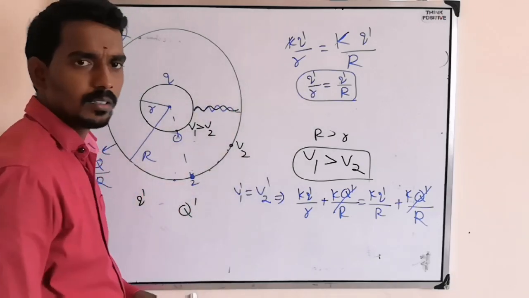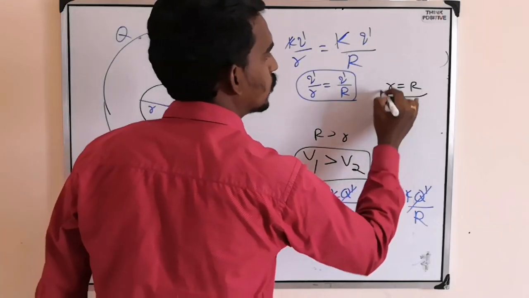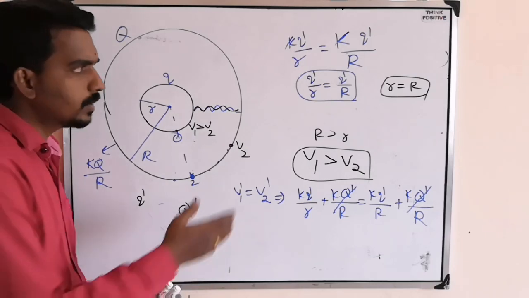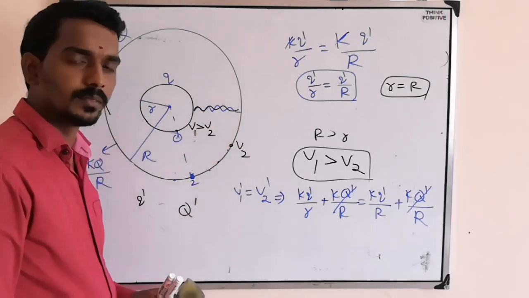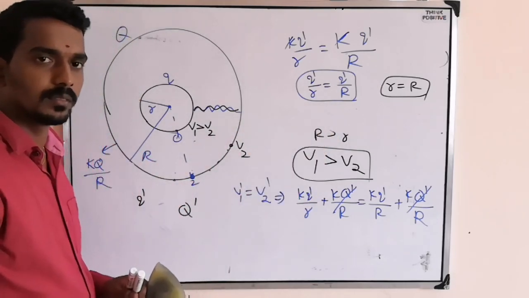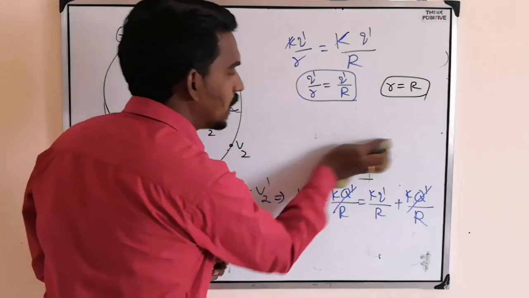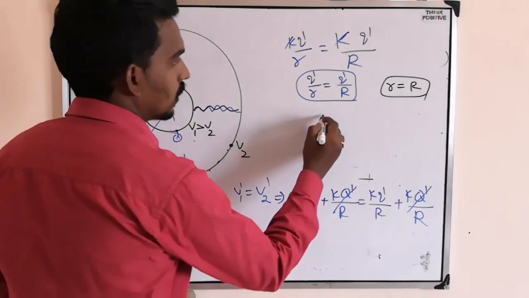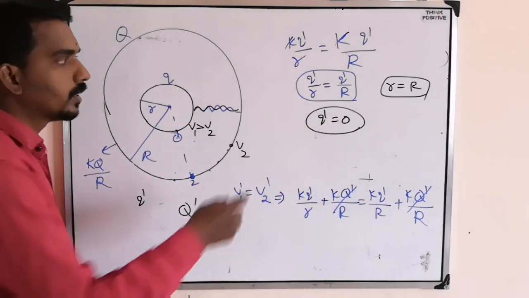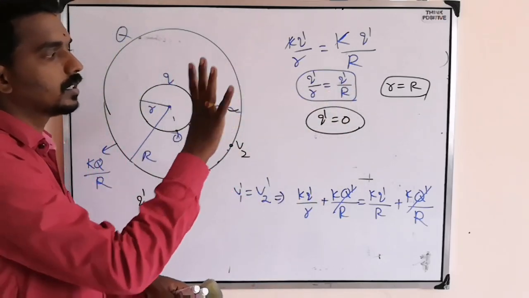Is it possible? No, because if q dash cancels, small r equals capital R. Is it possible? No. Then what happens? This is possible only when q dash equals 0. When q dash is 0, 0 by something equals 0 by something, then only it works.